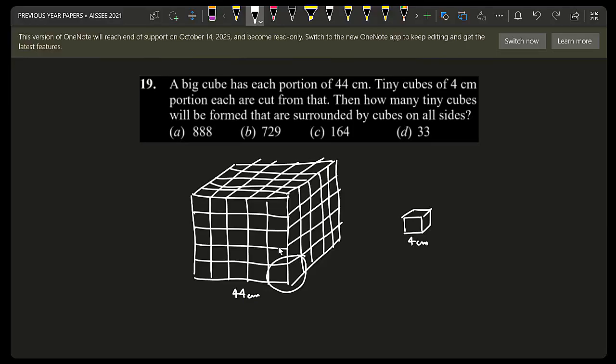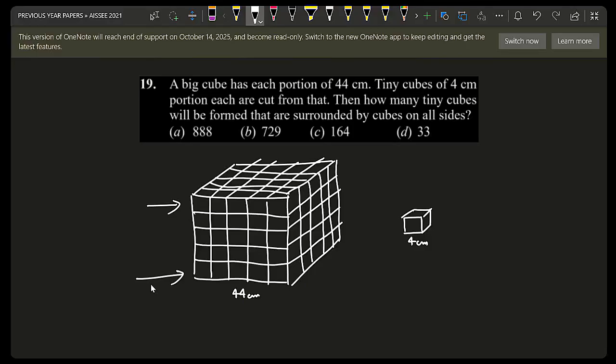So this cube is not counted. Which cubes do we have to count? I remove one layer from the outside, so the inner cubes will remain. I remove one layer of cubes from every side. This layer completely I am removing.